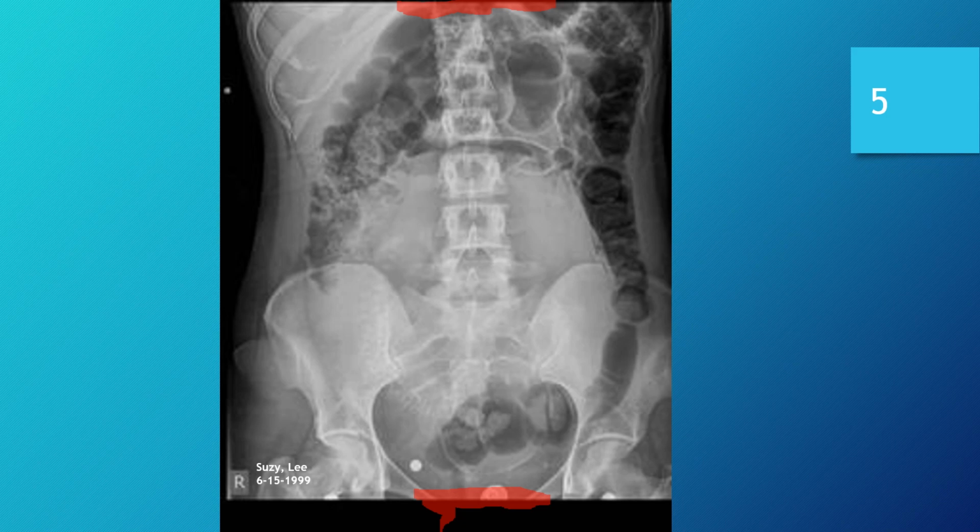I see a lot of bowel gas and stool. Let me point this out. The stool visible in this image, especially here, is centralized to the medial area internally of the bowel, which would indicate that it's not sitting on the bottom as if the patient were standing up.